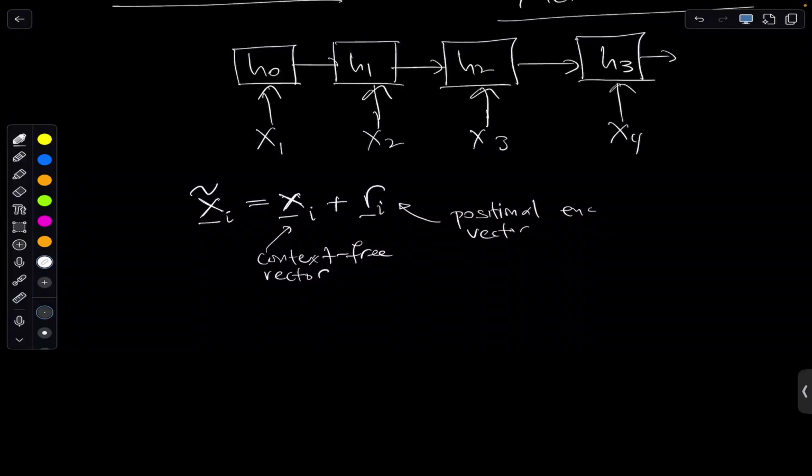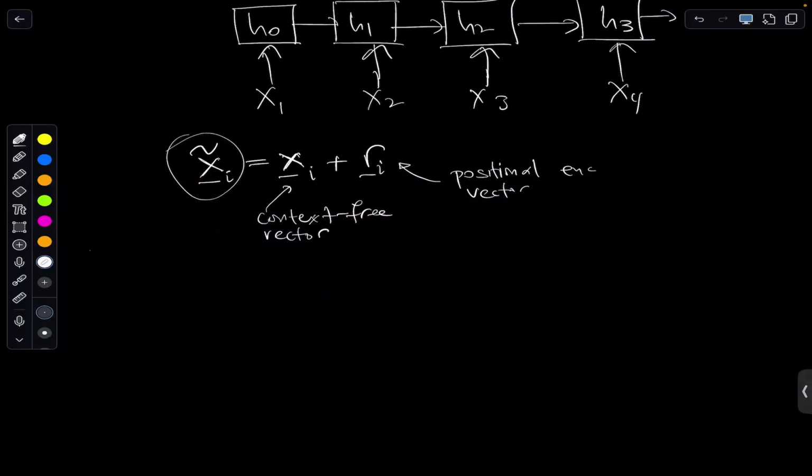Secondly, if we were to concatenate it with the context-free vector instead of adding, it would probably increase the dimensionality of that x tilde vector, and this obviously will have detrimental effects on the complexity of the transformer. So if you can get away with addition by being careful, I think it's the best way of accommodating that information.